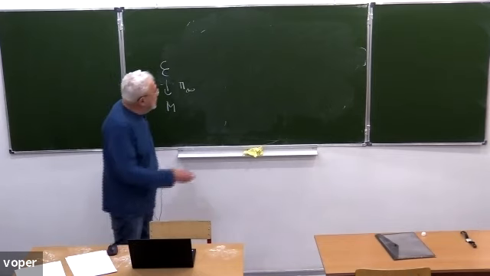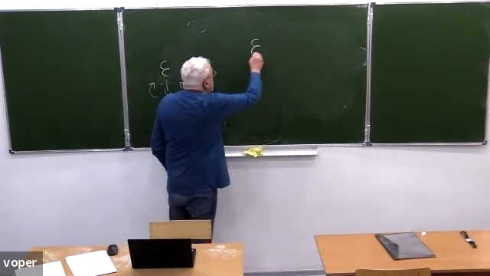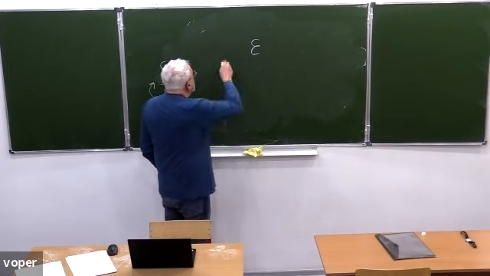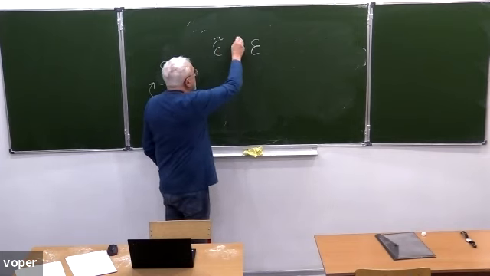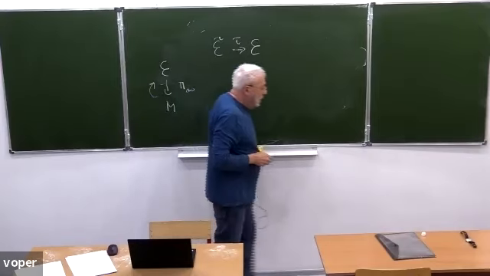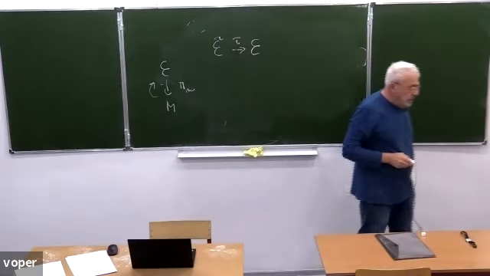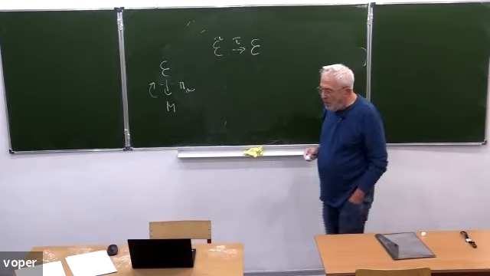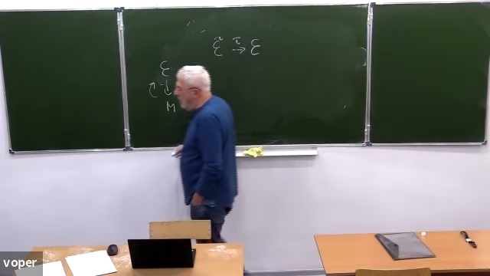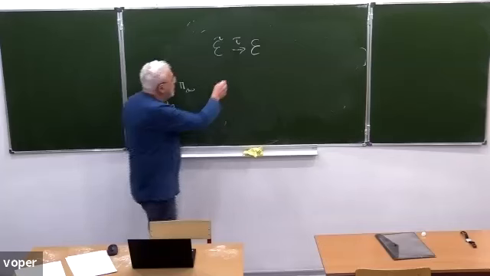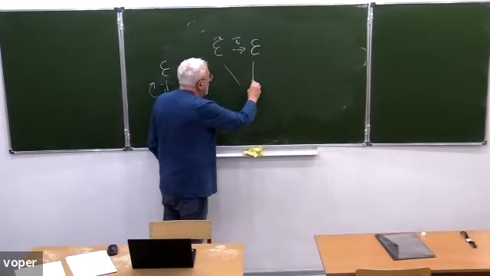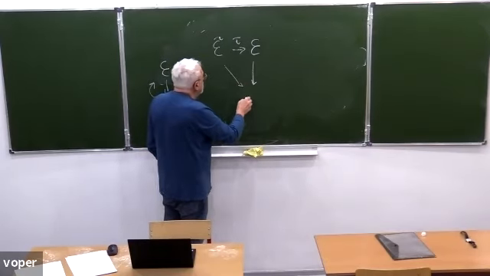So consider our equation and consider some locally trivial bundle over this equation. So we have two projections.